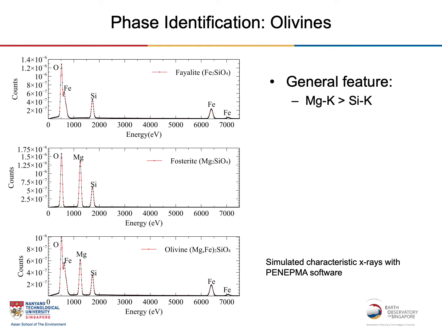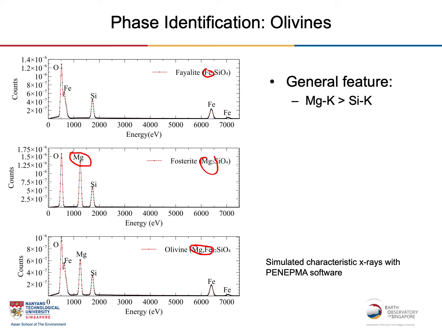Another example would be how to identify the olivine phase. Unlike plagioclase, which doesn't have magnesium, that's one of the telltale signs. Also there are heavier cations. Let's say you have 2 iron in fayalite, 2 magnesium in forsterite, and then olivine is basically a mixture of magnesium and iron, and 1 silicon.